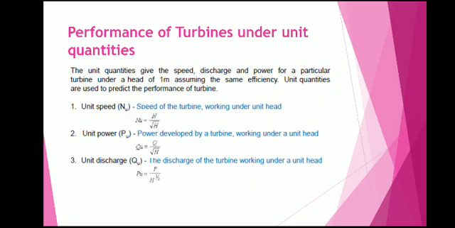And second one, unit power delivered by the turbine working under unit head. That means in terms of head, Pu equal to P divided by H power 3 by 2.